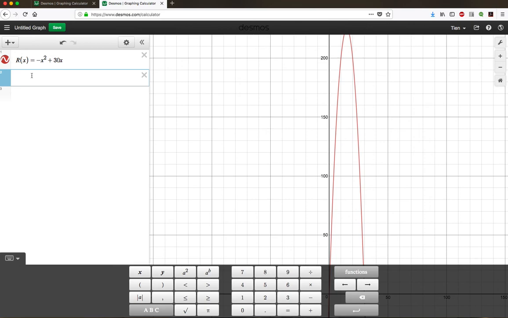And that you have a cost function, c of x, that's 5x plus 100. So certainly you could on paper set this equal to that, subtract one side from the other, and use the quadratic formula or factoring to solve for when your revenue exceeds your cost.